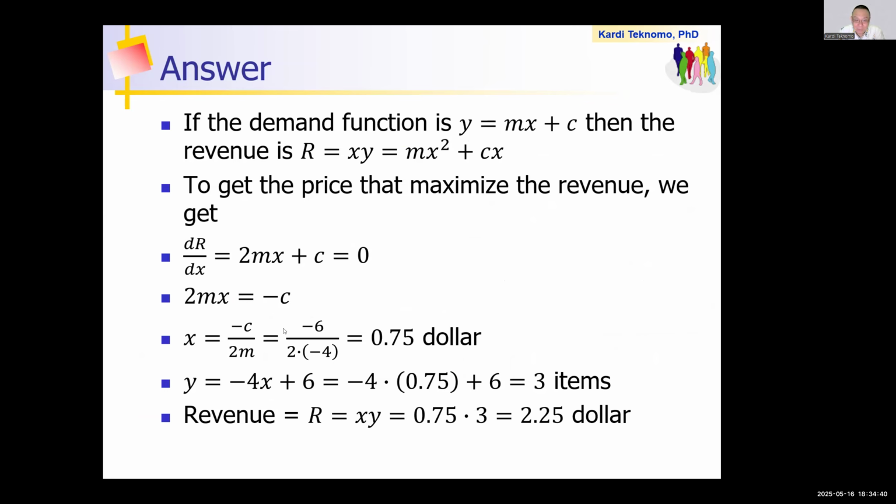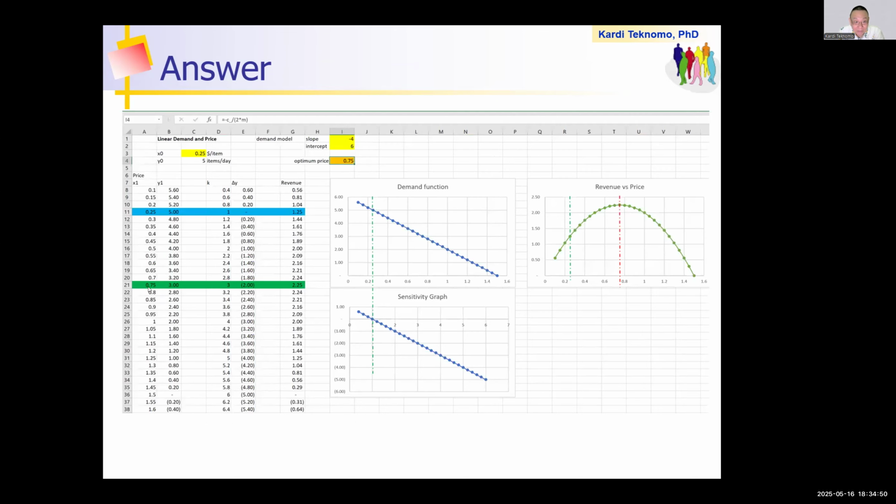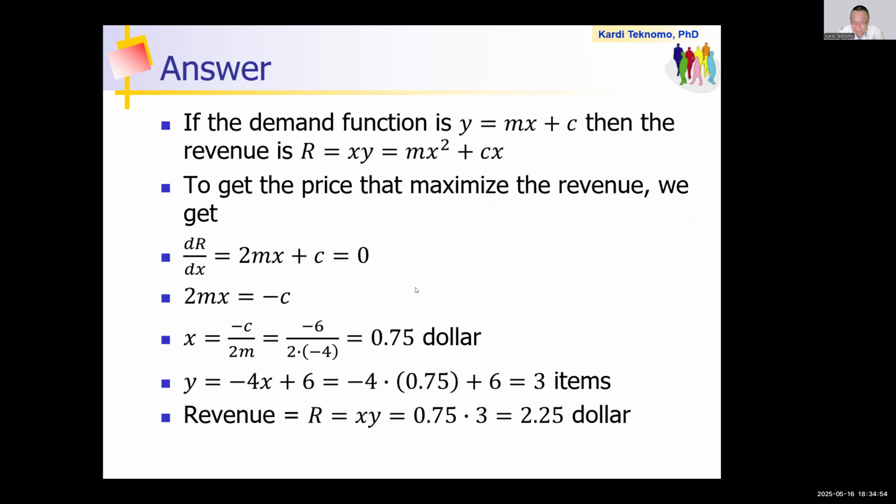Then you get exactly the same value, 0.75 and revenue 2.25, exactly the same as your Excel, but we computed it using calculus.